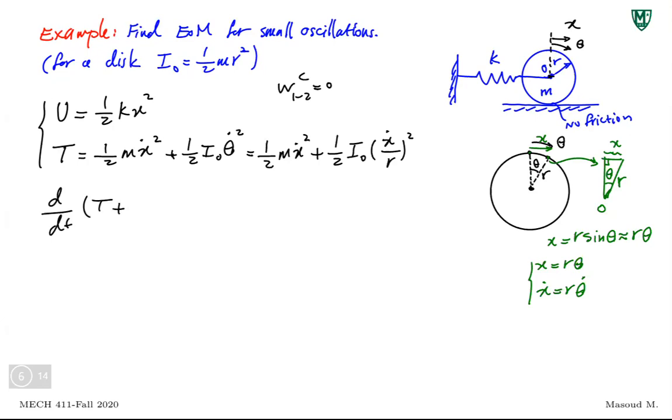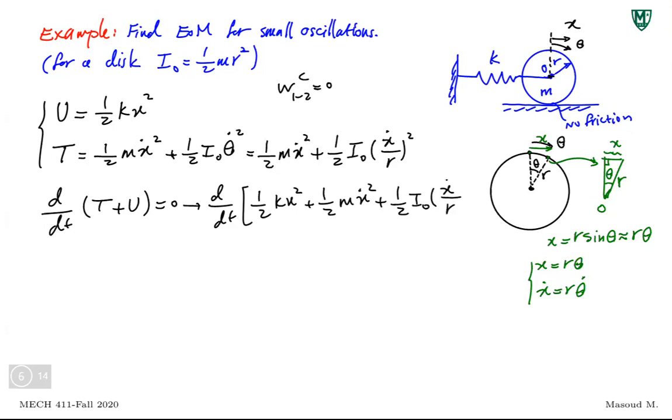T plus U is equal to 0. This means that d/dt of 1 over 2 k x squared plus 1 over 2 m x dot squared plus 1 over 2 I_O (x dot over r) squared.